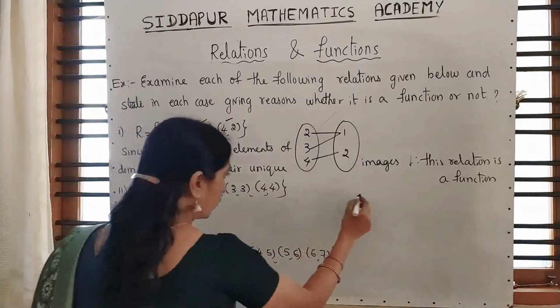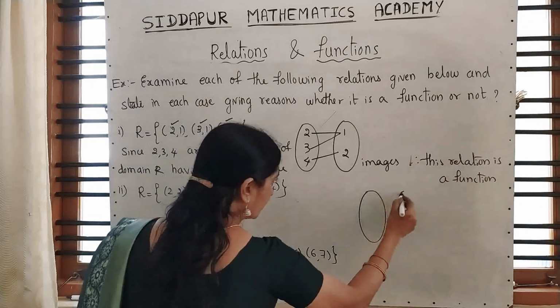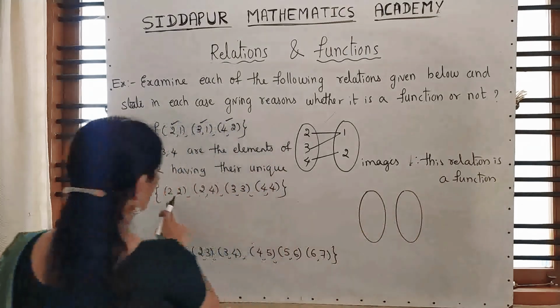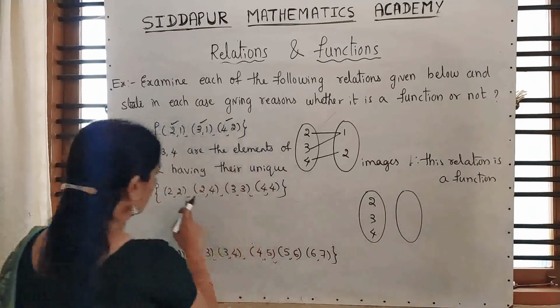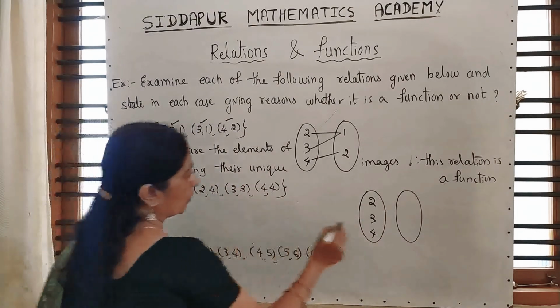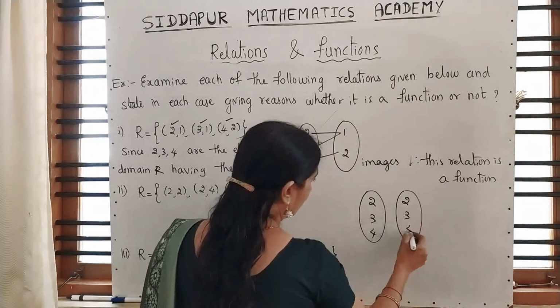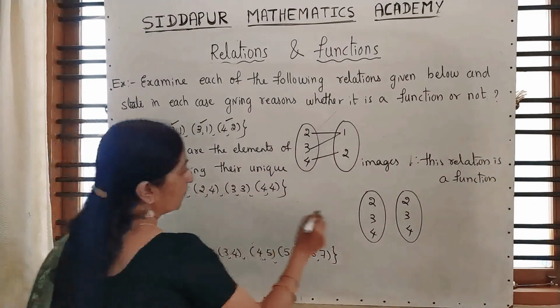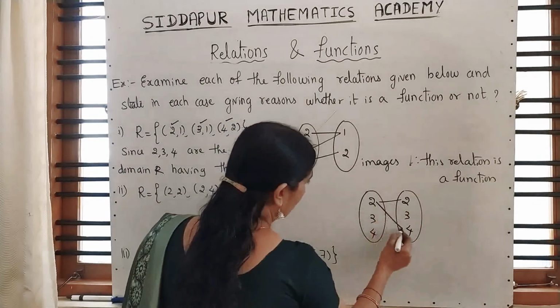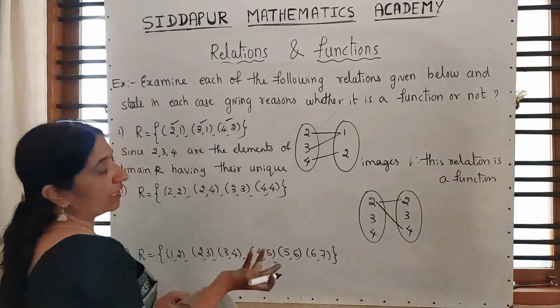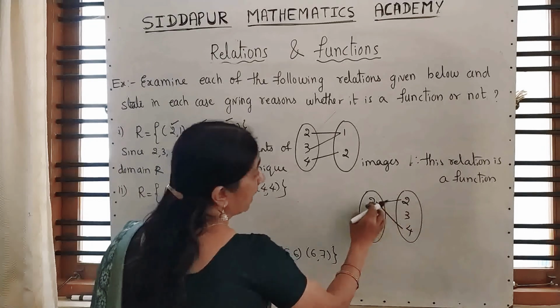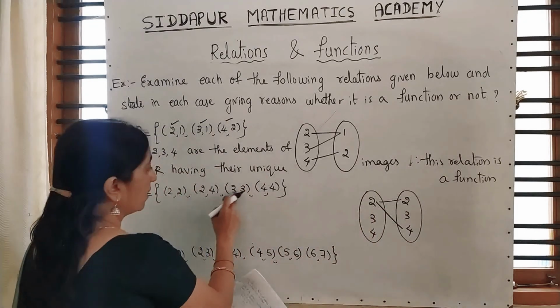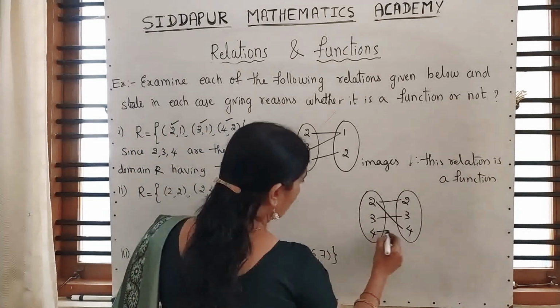Here also I will draw the figure. In the ordered pairs, 2 is repeated, I am writing it once, then 3, then 4. Second set, 2, 3, 4. We have the same. 2 is related with 2. 2 is related with 4. By seeing this itself you can say that it is not a function, because 2 is connected with 2 elements. Then 3 is with 3, 4 is with 4.